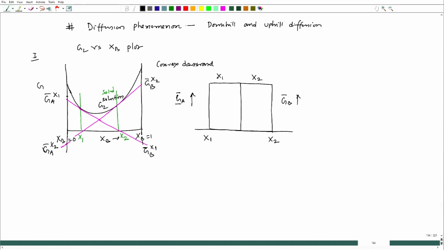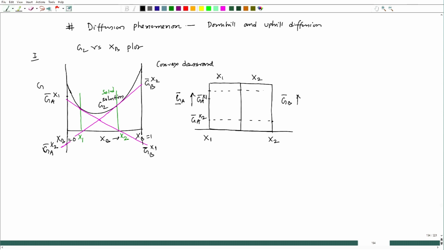Now, at x1 what are the chemical potentials? This is Ga bar x1 and corresponding x2 would be Ga bar x2. This point should be drawn here, because as per the free energy composition diagram on the left, this would be Ga bar x1.